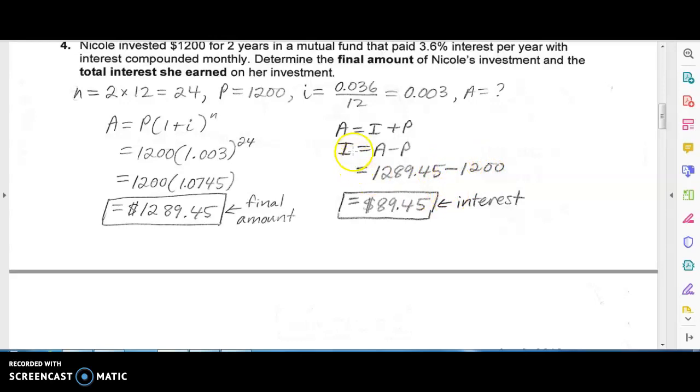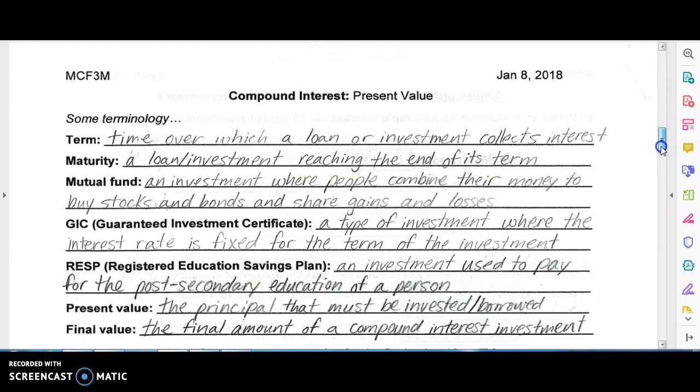Or you could say A equals I plus P. We need to solve for I. So this positive P gets moved to the other side, becomes negative P. So I equals A minus P, and A is $1,289.45. P is $1,200, and either way, you get to the final answer of $89.45. Okay, so quick recap there.